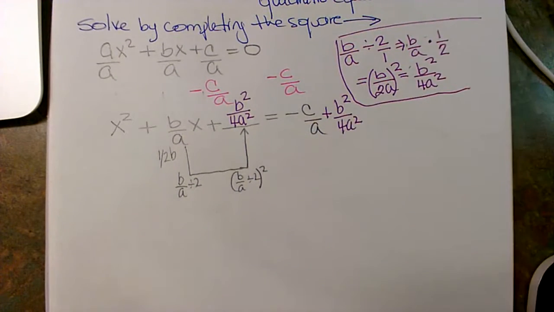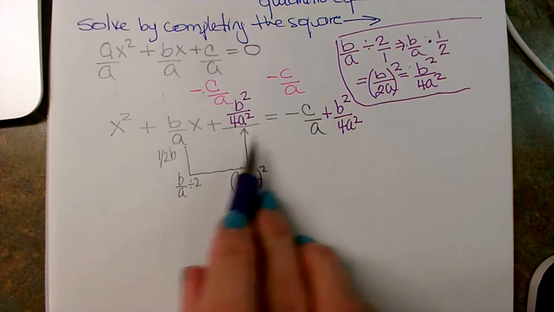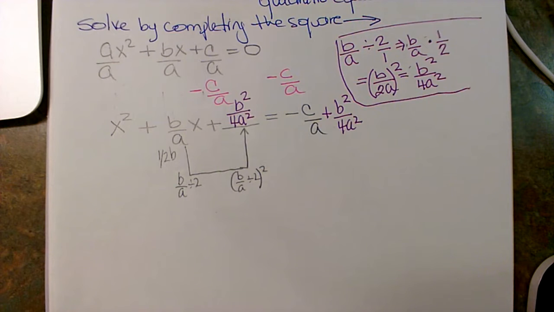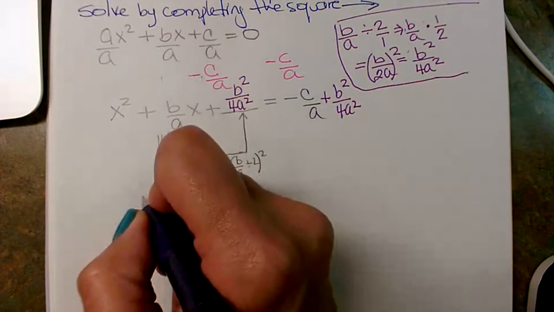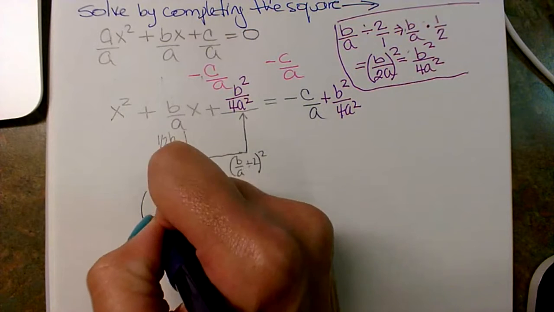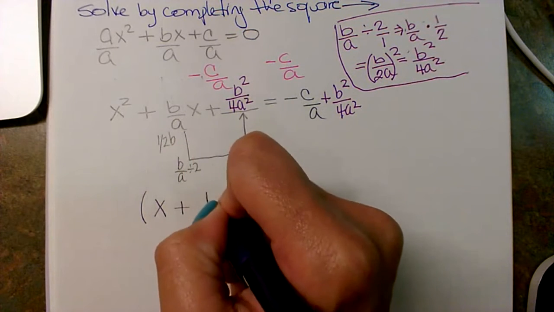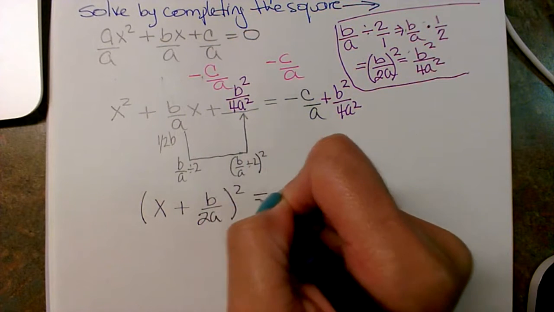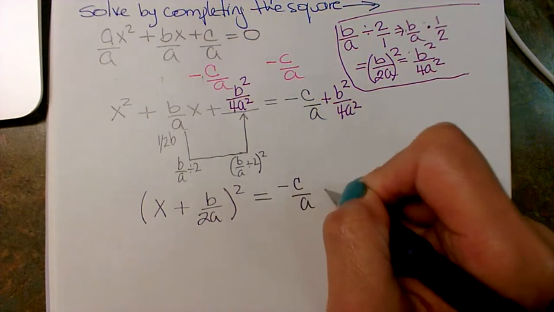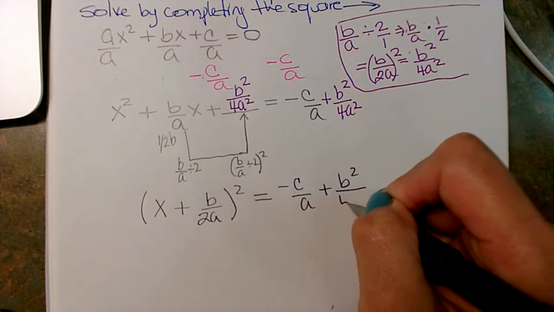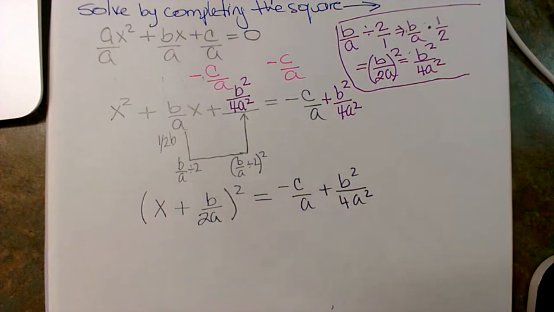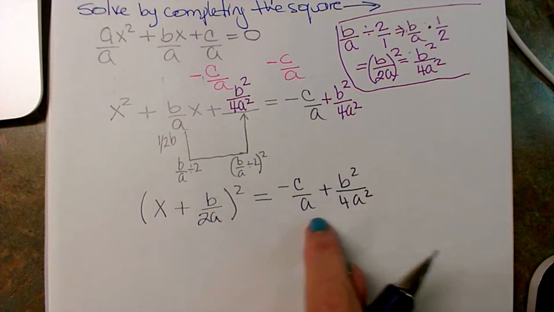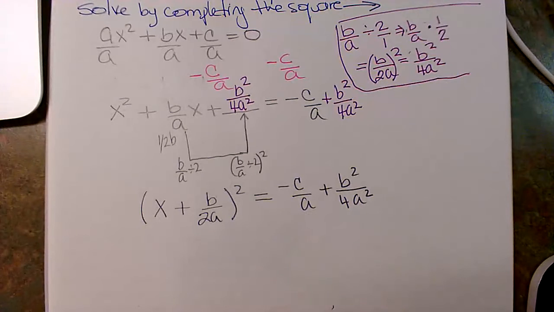No need to write it down. Just look at what I'm doing. So I complete the square. Now it's going to be x plus b over 2a squared, correct? On this side, I need to have the same denominator.